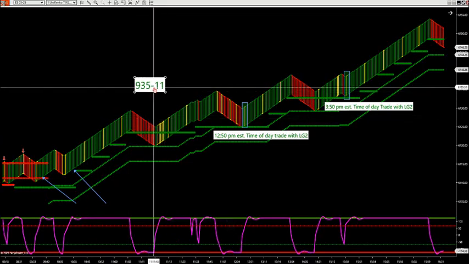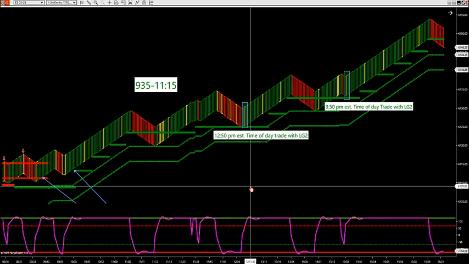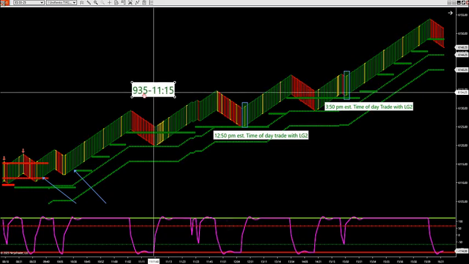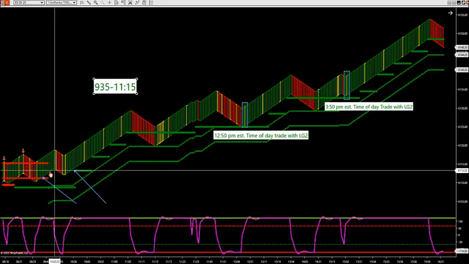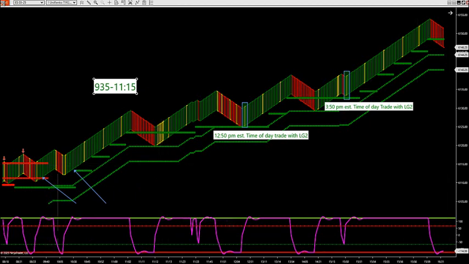I'm going to put this to 11:15, because that's what I always tell traders: 11:15 to 11:45 until 12:45 is sort of the downtime where it likes to oscillate around. So this is a good window to trade. We were 3 for 3 on V bottoms and liquidity grabs.